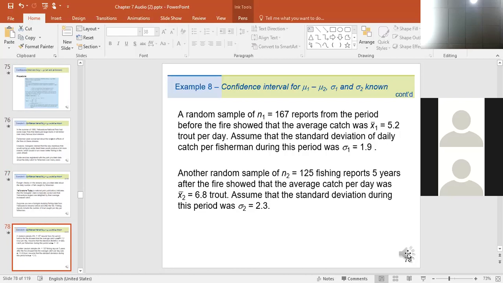I assume that the standard deviation of daily catch per fisherman during this period was sigma 1 equals 1.9. Second, n2 equals 125, 5 years later, X2 bar equals 6.8, and sigma 2 equals 2.3.